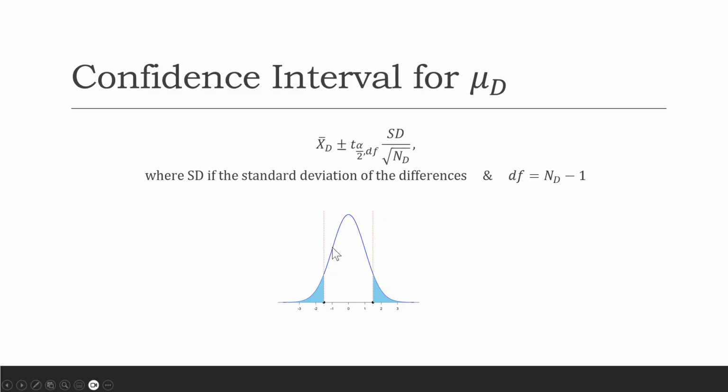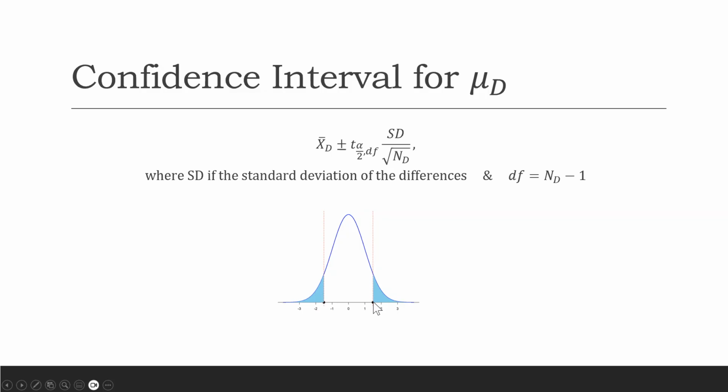That 95% is this middle unshaded area. If I do 100% minus 95%, I get alpha, which is 5%. 5% divided by 2 is 2.5%, or 0.025, which is saved for both of these endpoints. So the shaded area on either side here is alpha divided by 2, 0.05 divided by 2.